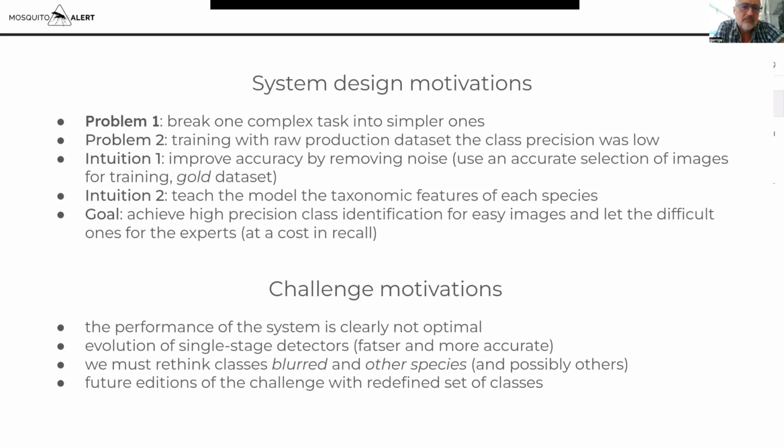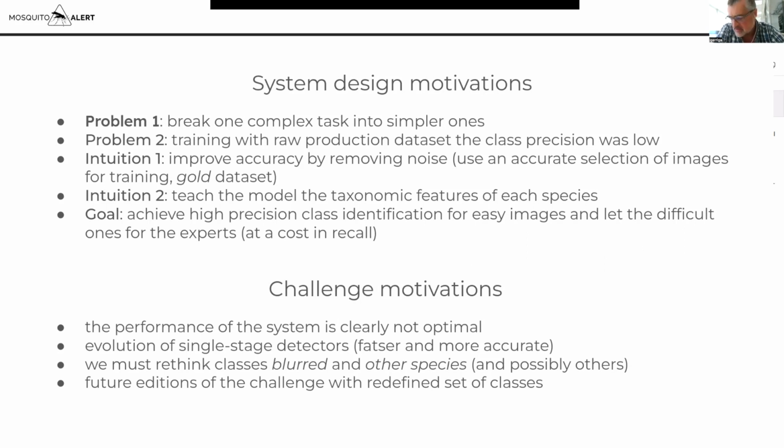So the goal was to achieve high precision in the class identification for those images in which the taxonomic features of the mosquitoes were clear enough to identify them with high precision, though that was going, of course, at a cost in recall.